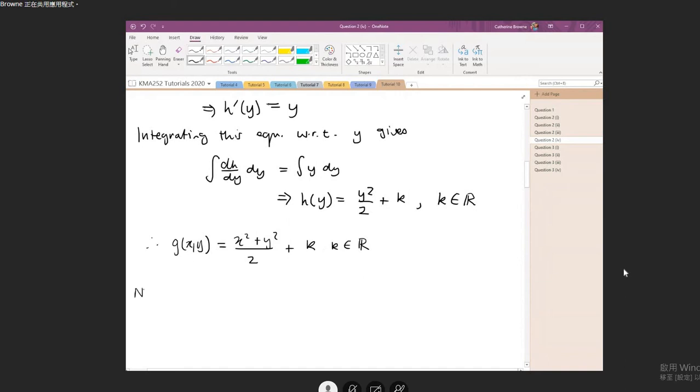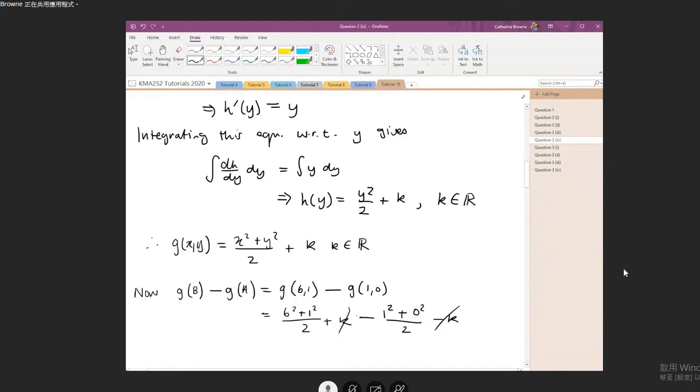But from that, if we look at the function g at D and the function g at point A, we get g at 6, 1 minus g at 1, 0. That's 6 squared plus 1 squared on 2 plus k minus 1 squared plus 0 squared all on 2 minus k.